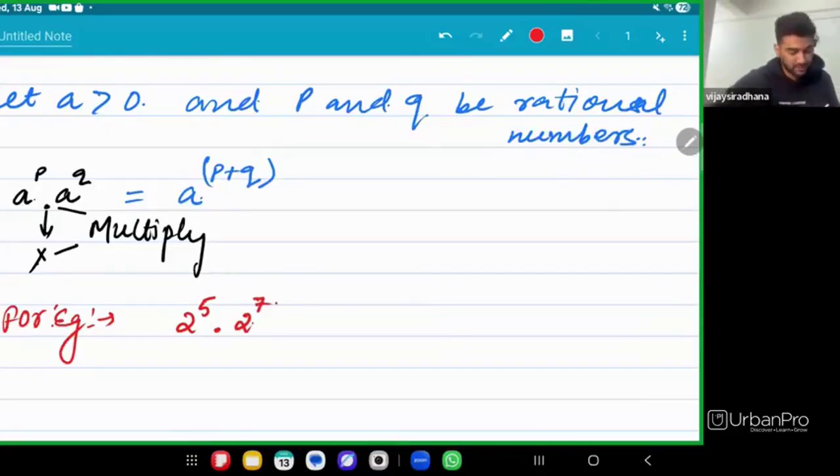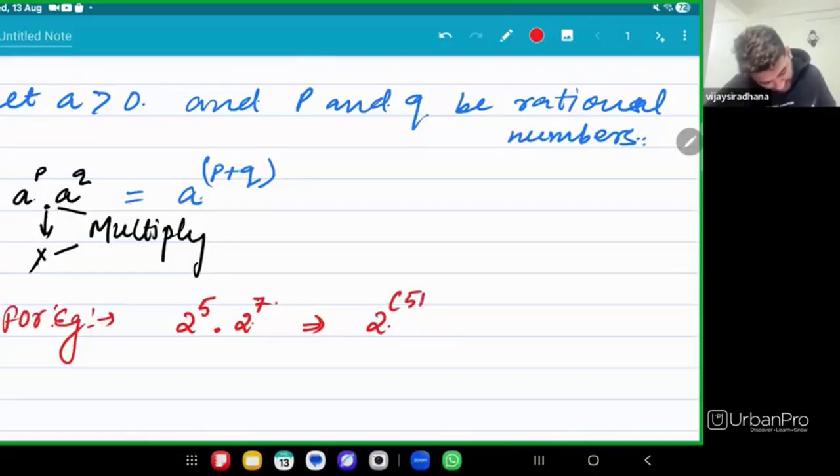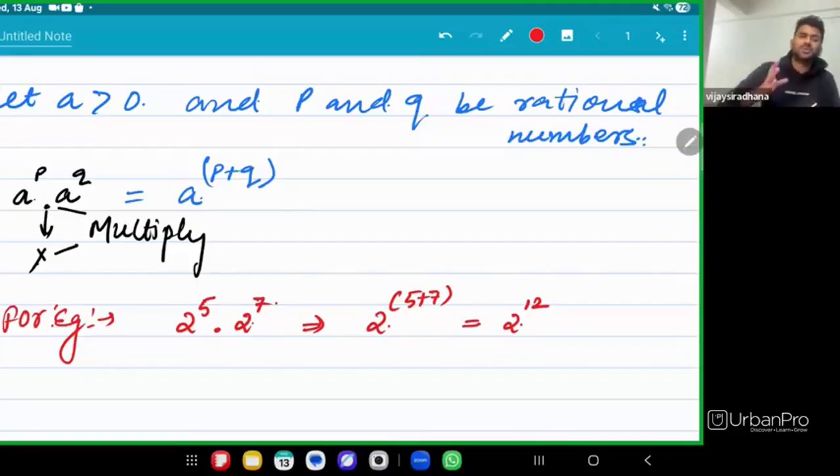Then how can you write this? It can be written as 2 to the power of 5 plus 7, which is nothing but 2 to the power of 12. Right? So this is how you can solve it.